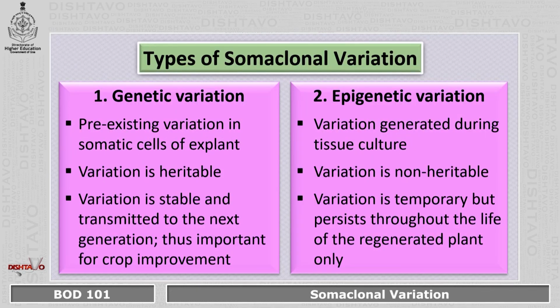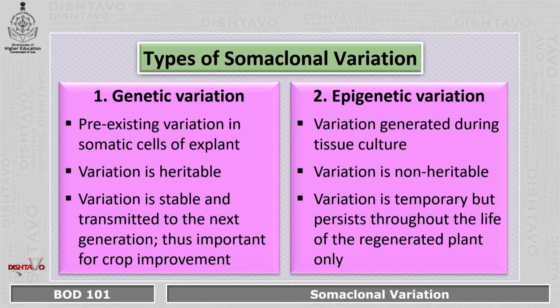Types of somaclonal variation. There are two types of somaclonal variation: genetic variation and epigenetic variation. Genetic variation is a pre-existing variation in somatic cells of the explant, whereas epigenetic variation is the variation which is generated during tissue culture.